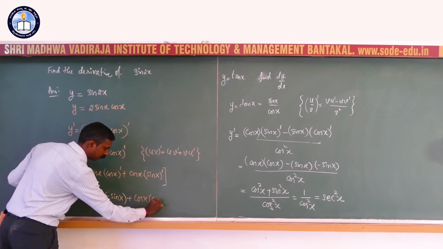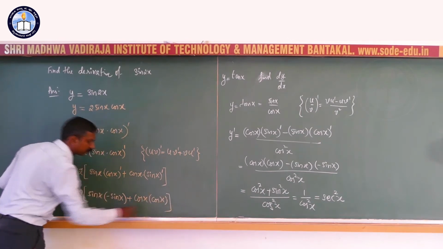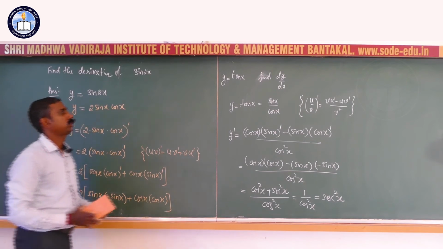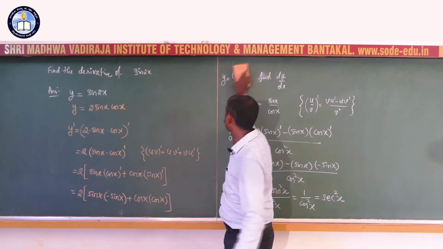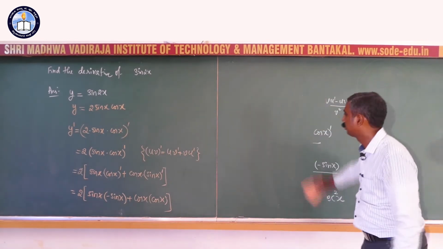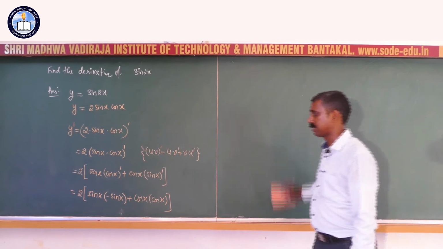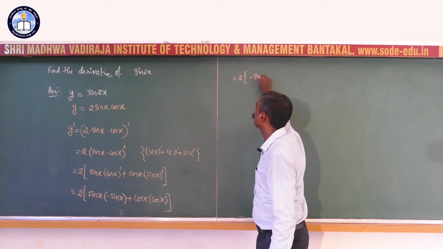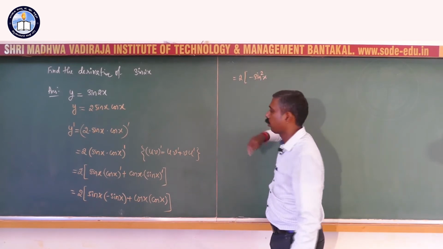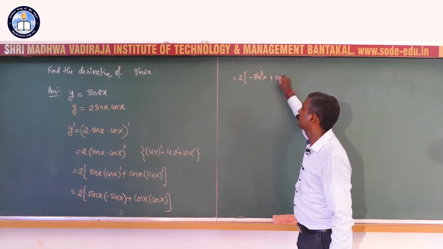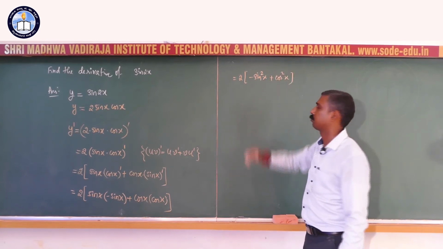It is cos x. Since sin into sin, that becomes minus sin square x. So, it will be 2 into minus sin square x. And what about the other one? It is cos x into cos x. So, it becomes cos square x.